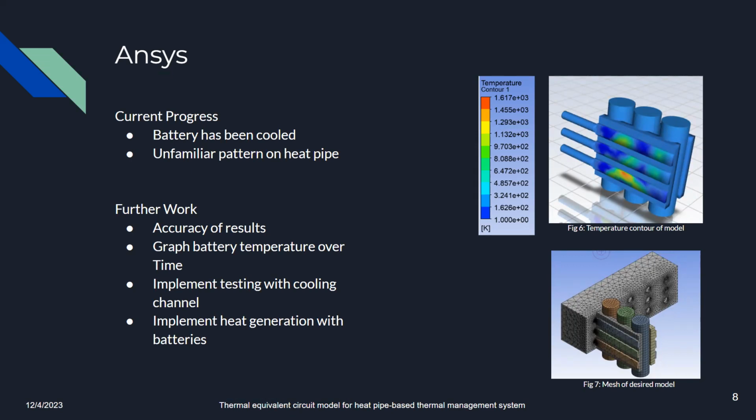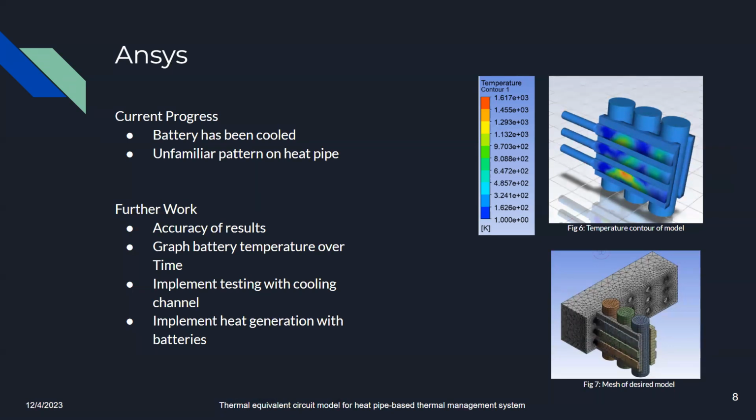Continuing with the ANSYS portion, like Noah said, our current progress shows that the battery has been cooled, but not with the heat generation of the battery. We're just using the max heat from the battery. And then we're still unfamiliar with the pattern of the heat pipe. Like Noah said, we don't have the wick added to it.